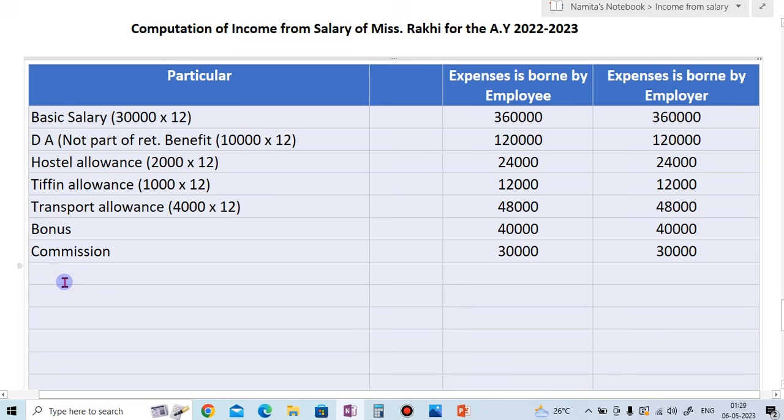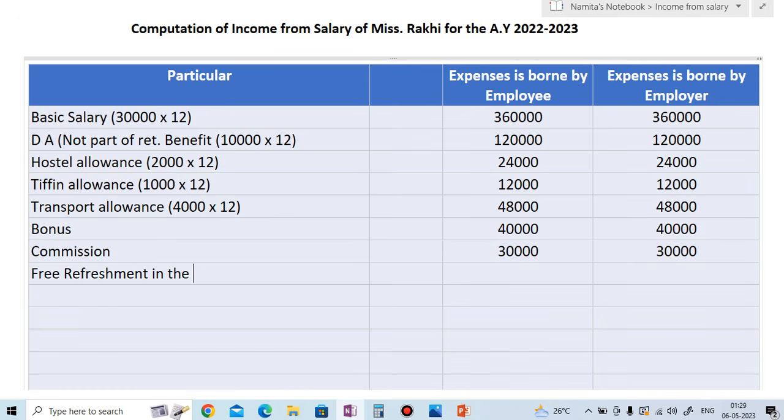Okay. So write here free refreshment in the office, it is fully exempted. So the entire 10,000 is exempted. So write here nil.